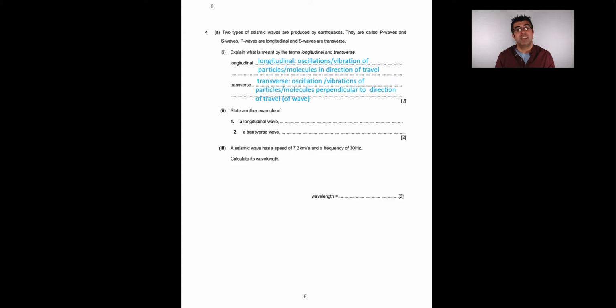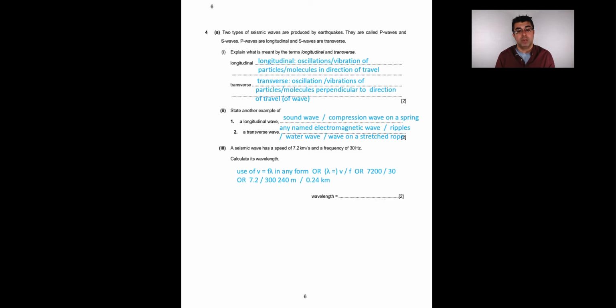V equals f lambda, so lambda equals V divided by f. When you rearrange and put in 7.2 divided by 30, you'll get 0.24 kilometers. You're welcome to change it to meters, and it really ought to be in meters, but it does allow you to leave it in kilometers.